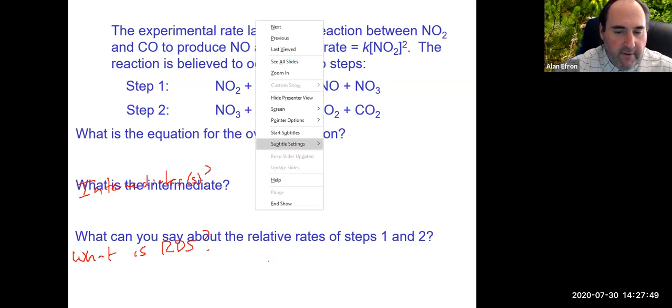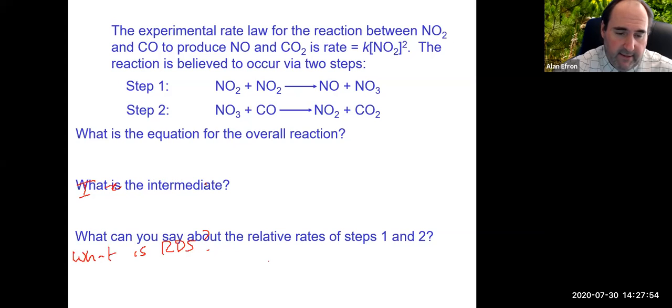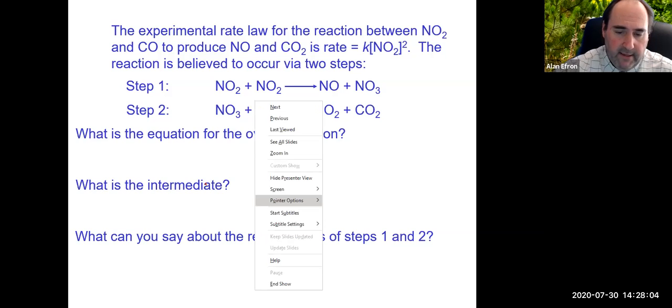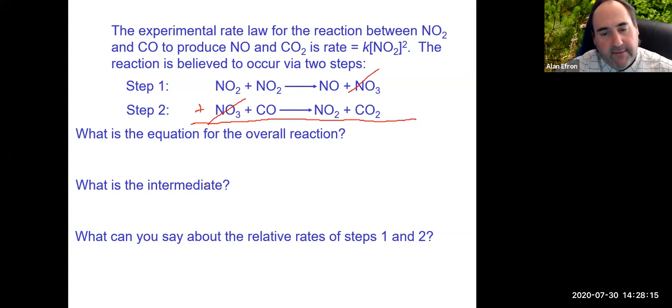So to get the overall reaction, pretty much all we want to do is just add together everything, like we've done before. Anything on the left-hand side and the right-hand side of those arrows can cancel out. Anything that doesn't cancel out after that point, everybody on the left stays on the left, everybody on the right stays on the right. So if we put a plus there, I'm going to see that my NO3 has got some canceling going on there.